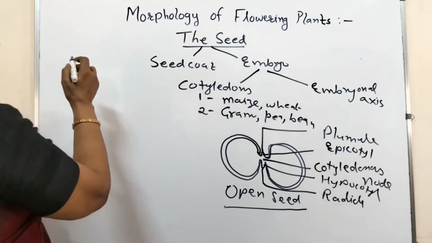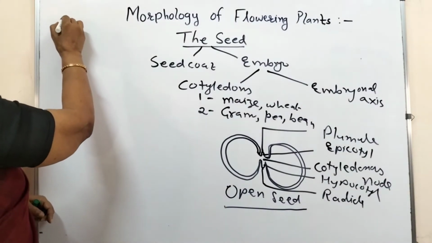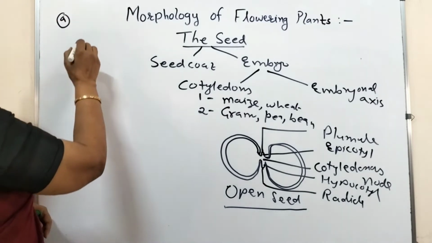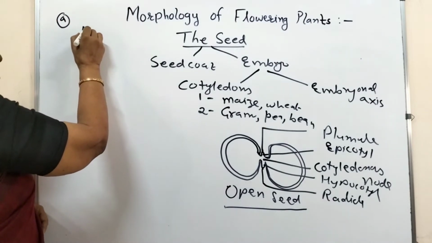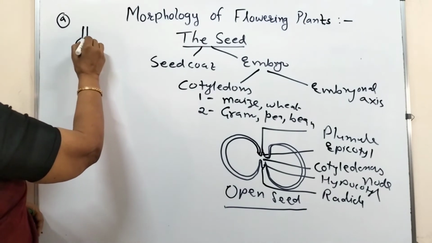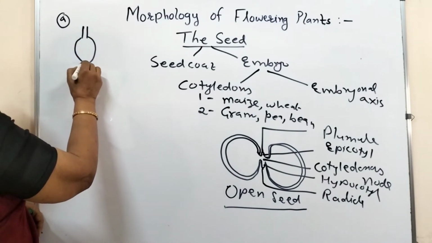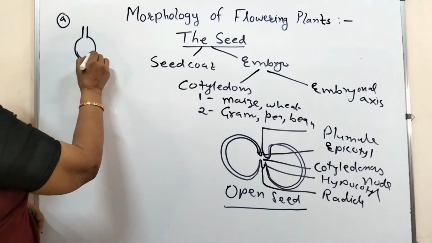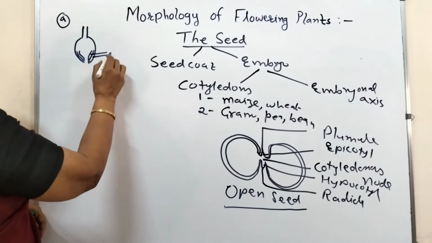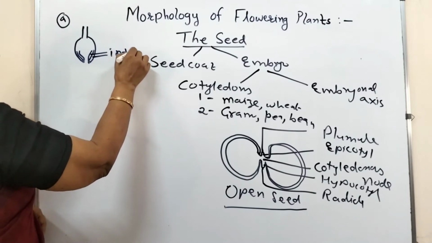So, let me show you the diagram. Here, from the wall of ovary, this is the stalk of ovule and this is the body of ovule. This body of ovule has two protective coats. These are called integument.